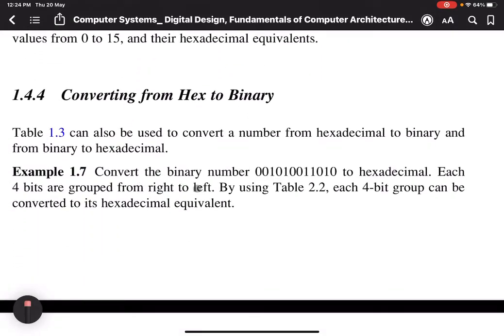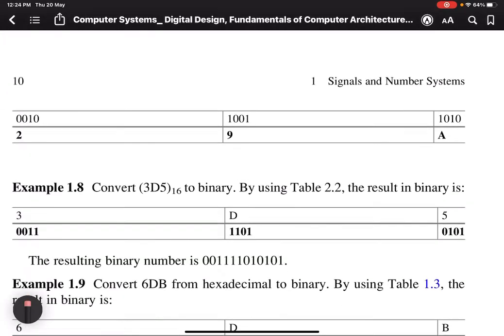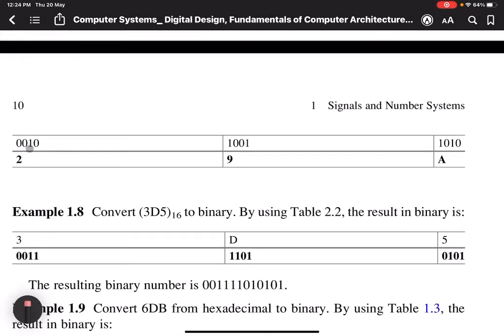But it is also good to note that our grouping is from right to left, not left to right. So from our example, after grouping the above binary bits, we can check the equivalent of the first group from our table above, and we can see that it is equivalent to 2 for the hexa equivalent.